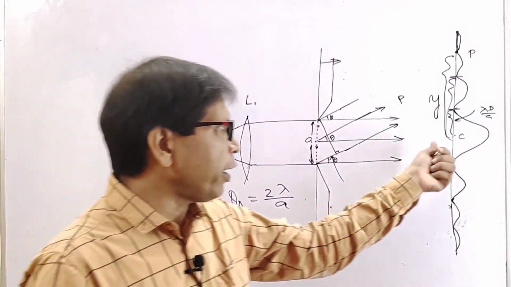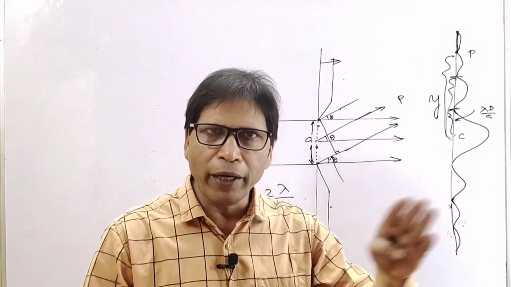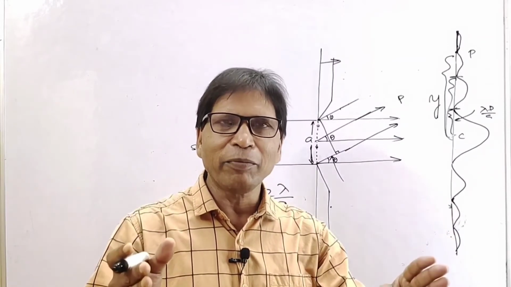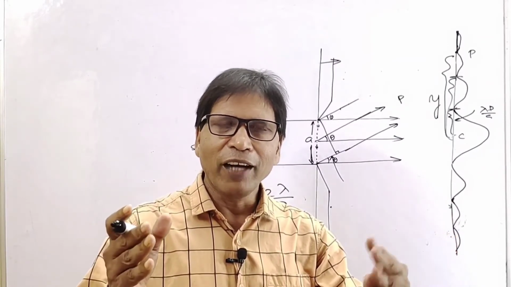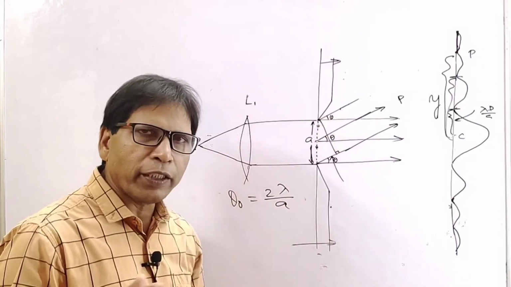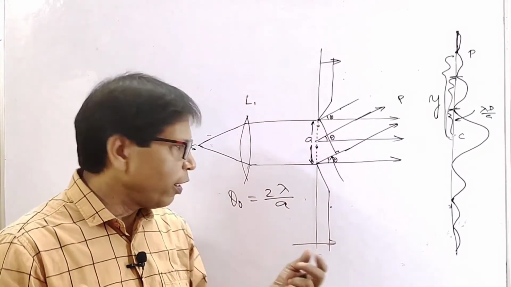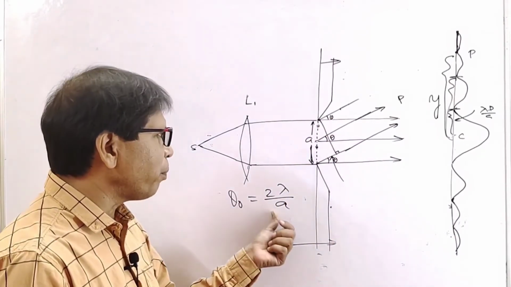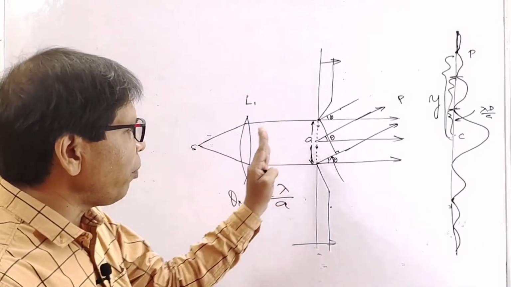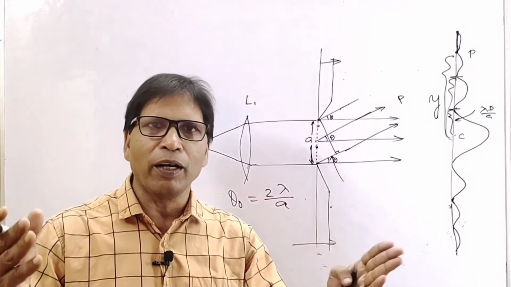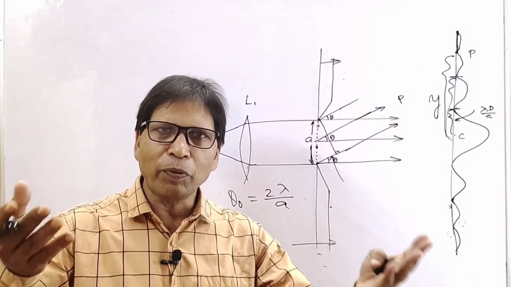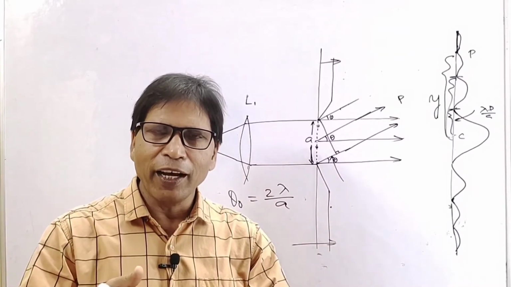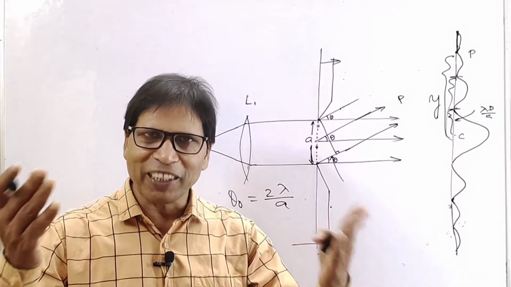So half the light energy falls on double the area, so the intensity becomes 1/4. Now if the width of the slit becomes double, the angular width becomes half. Simultaneously, the amount of light energy becomes double. So double the light energy falls on half the area, so the intensity becomes 4 times.